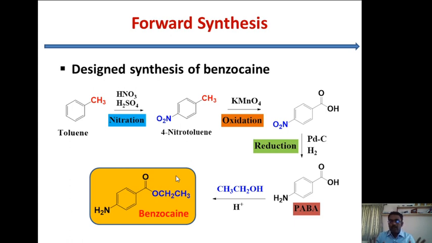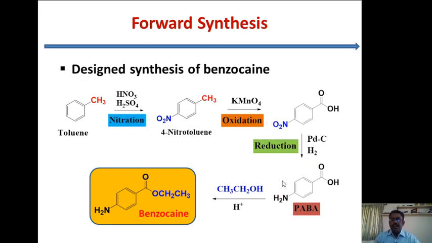We did all the analysis using functional group interconversion. We did all the disconnections. We found that toluene might be a good, easily available starting material from which we can synthesize this benzocaine through these 4 steps, simple known chemistry.